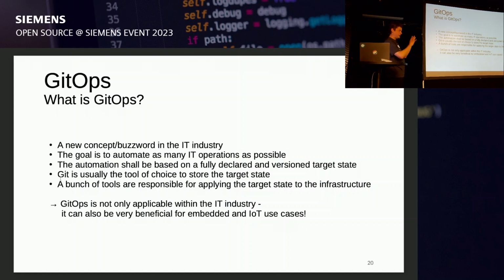So we want to define the state of the fleet in Git, and then by some magic, it shall get applied to the fleet so that the target state becomes the actual state. And surprisingly, we cannot take the GitOps approach one-to-one for IoT. We need slightly different tools, so I would not claim it's GitOps. I would say it's inspired by Git.